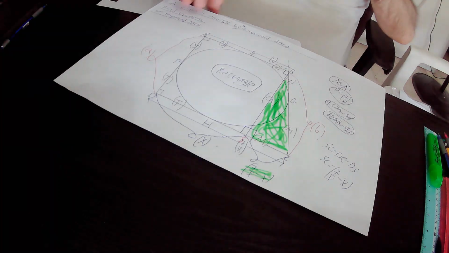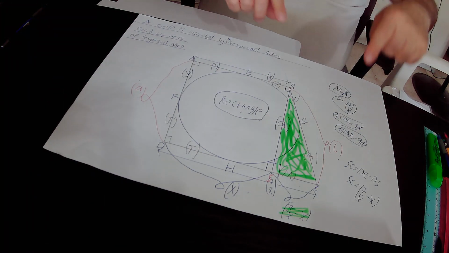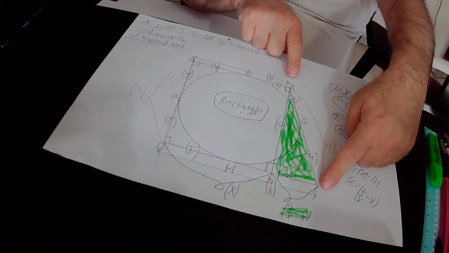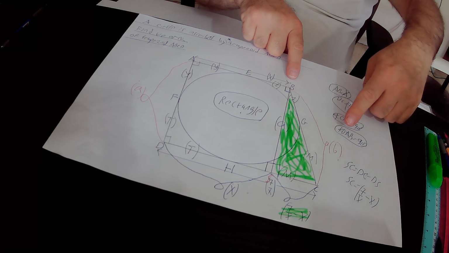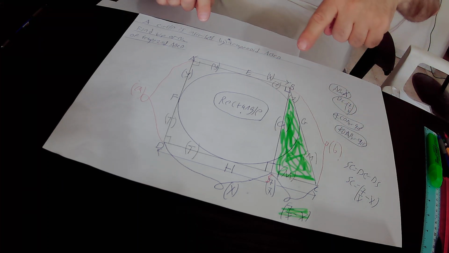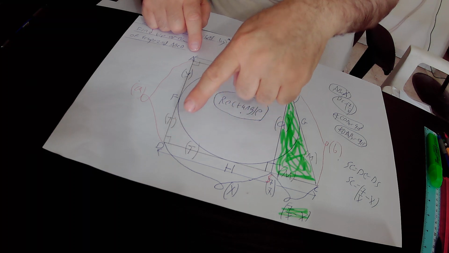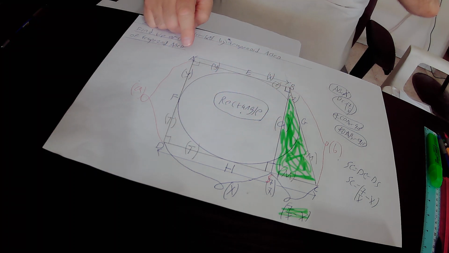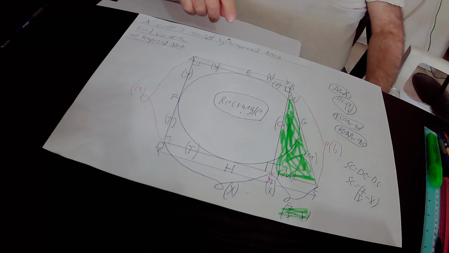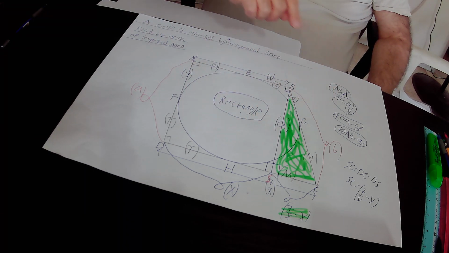Okay. In the next step, we define the length of this side BC of trapezoid ABCD as B, and we define the length of this side AD as A. And then, what is the value of AB plus DC?